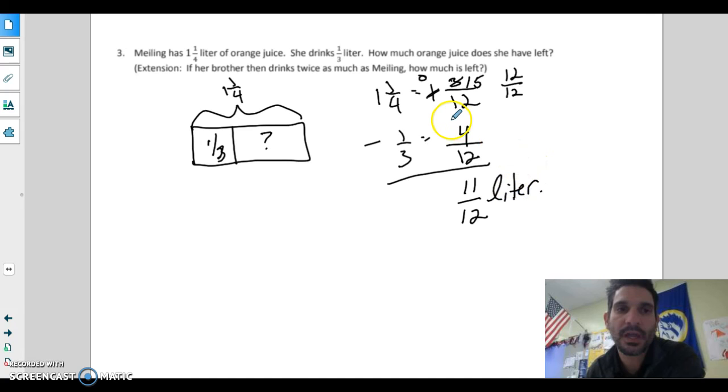And then you can also do the extension. If her brother then drinks twice as much as Mealing, how much is left? So that would be 1/3 plus 1/3 is 2/3. So that's how much the brother drank.